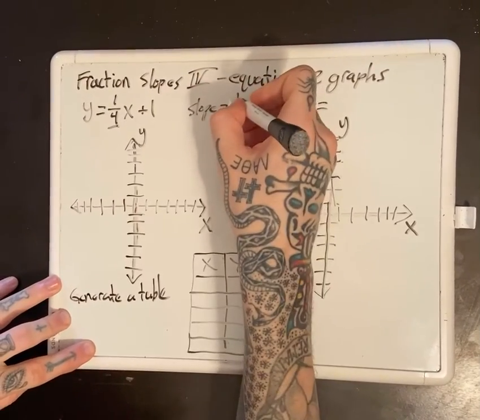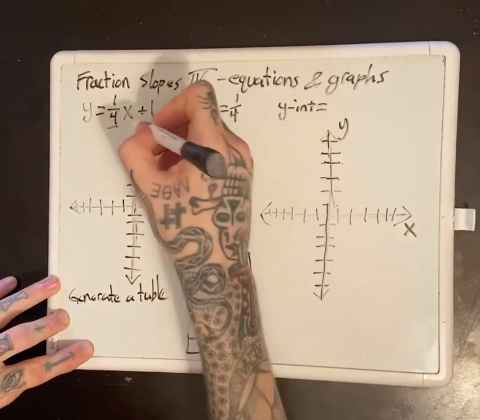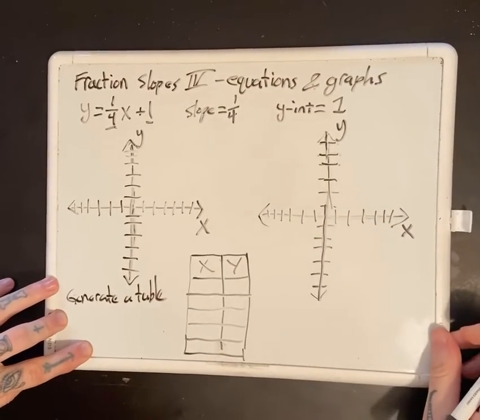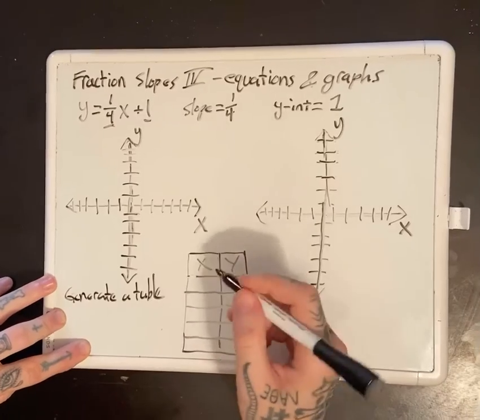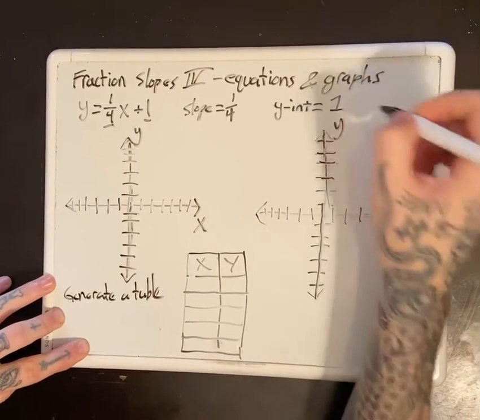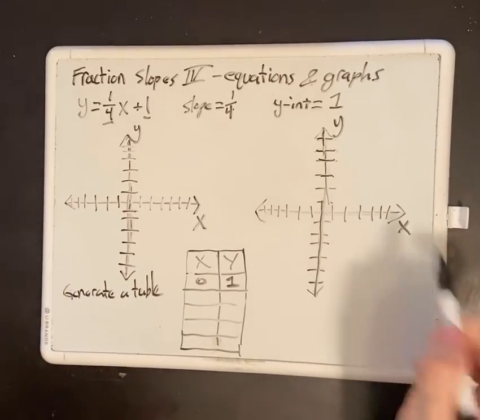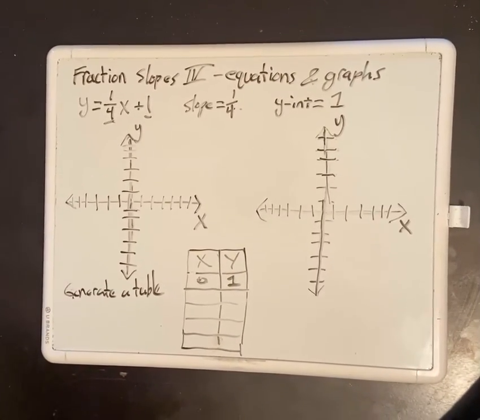The slope is 1 over 4, and the y-intercept is 1. So we're actually going to start with the y-intercept. So 0, 1. And then we're going to use the slope to fill in the rest of the table.